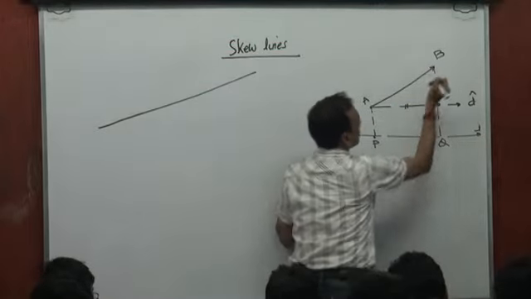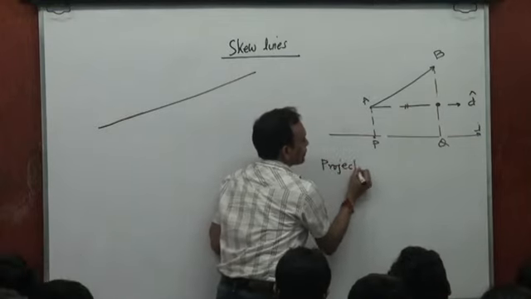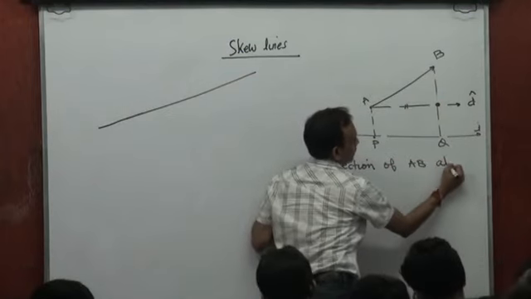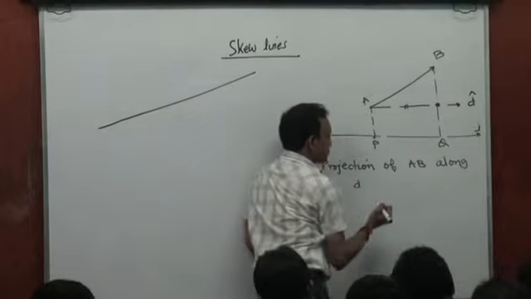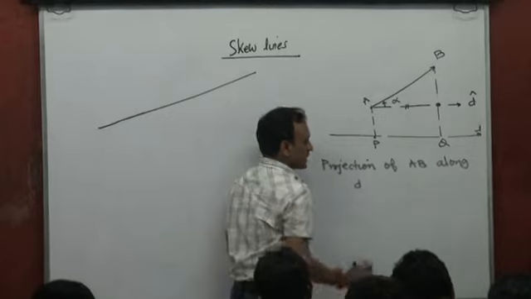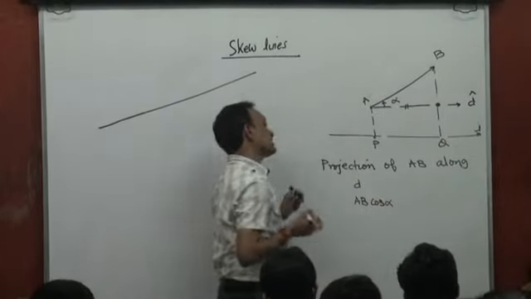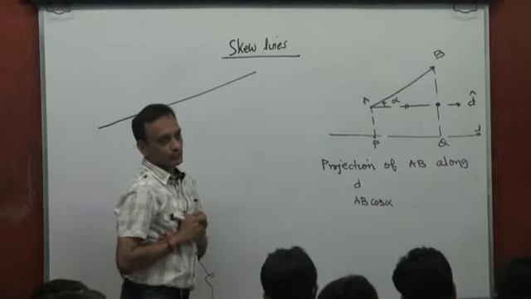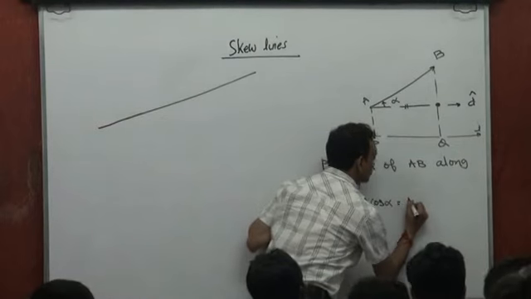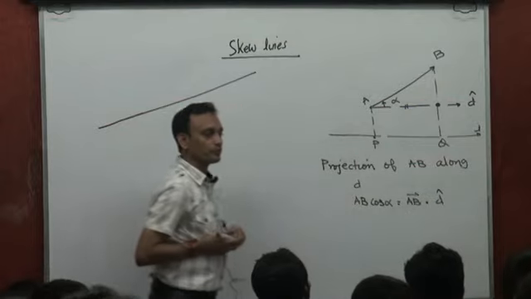Then the projection of AB along the direction D, suppose this angle is alpha, is AB cos alpha, yes or no? Which could also be the vector AB dot the unit vector D cap, yes or no?